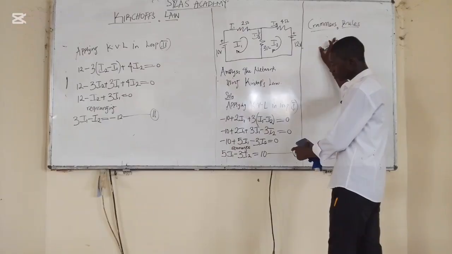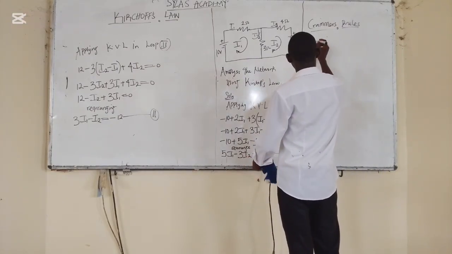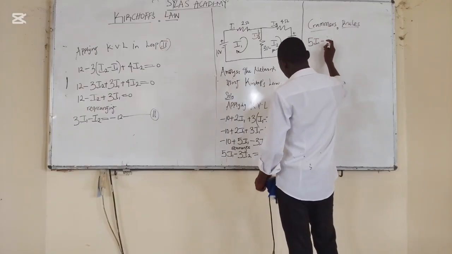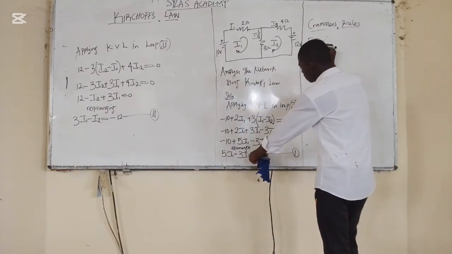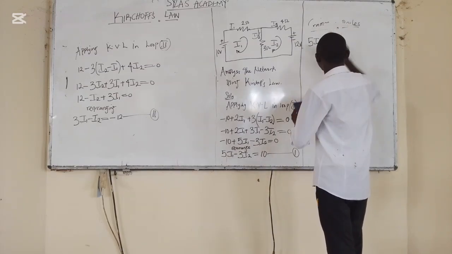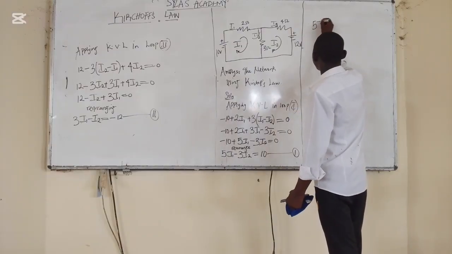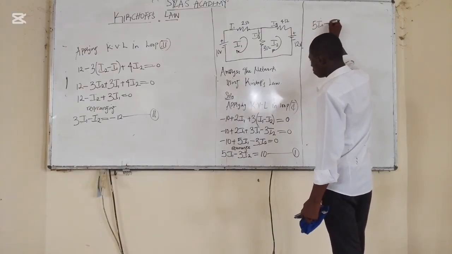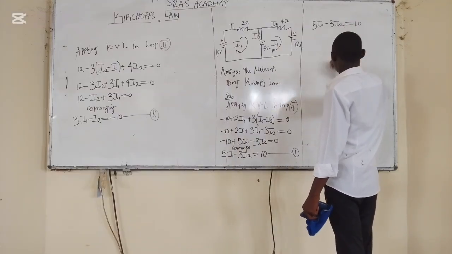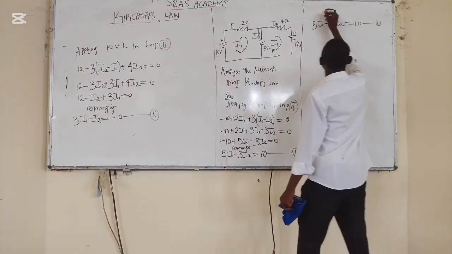We have 5I1 minus 3I2 is equal to 10. That is for equation 1. We'll say bringing the equations together.